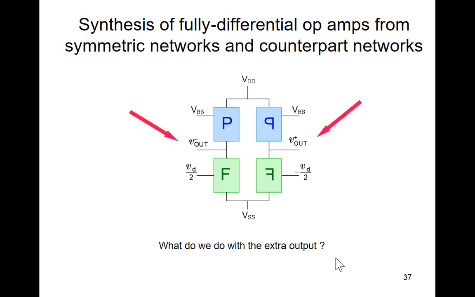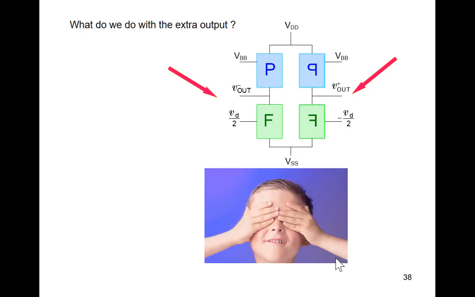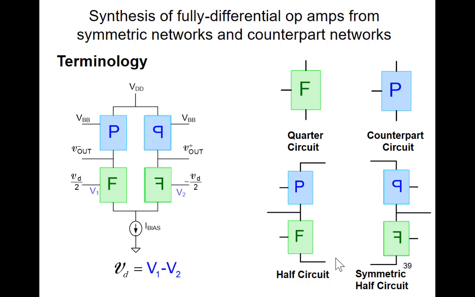So the question is, what do we do with the extra output? And the idea was, we could ignore it or use it. So I'm going to refer to this original network as a quarter circuit.